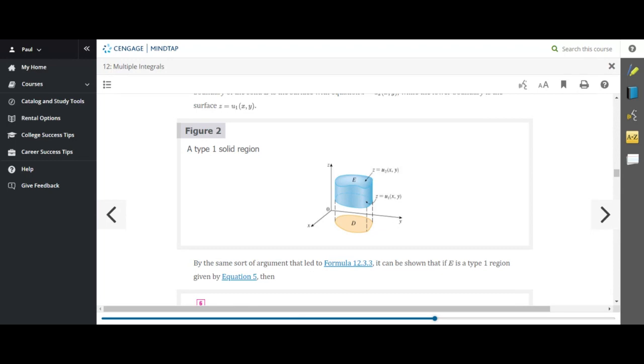All right, and those are your limits for the first integral, surface to surface. Okay, but then if you project that solid E down into the xy plane, you get a region D. And the region D then goes the second.